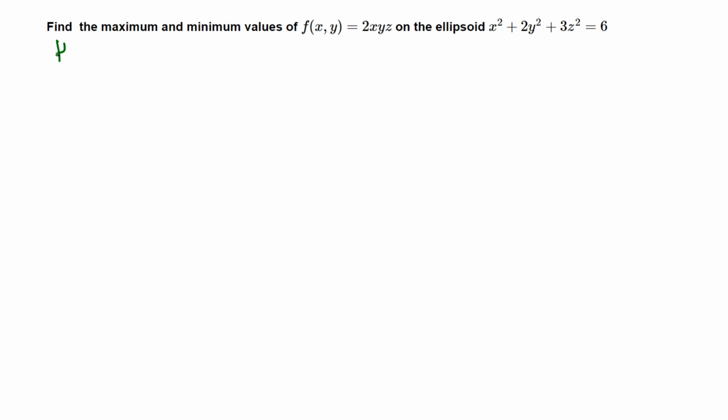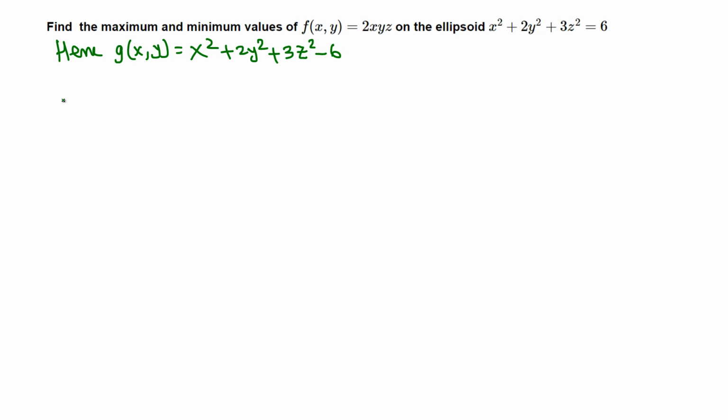So from the constraint we can create the function x squared plus 2y squared plus 3z squared minus 6.